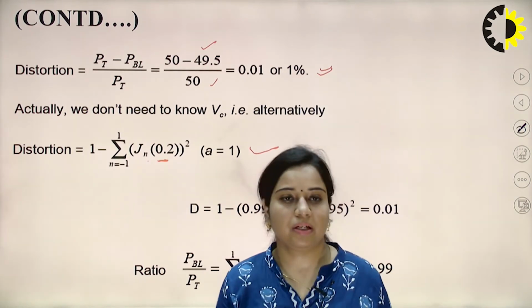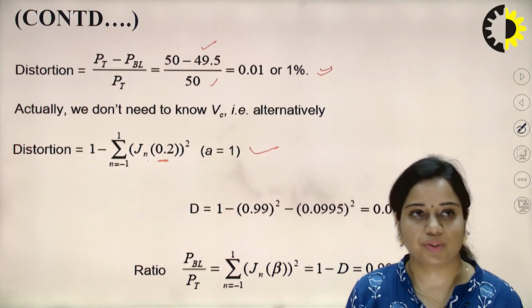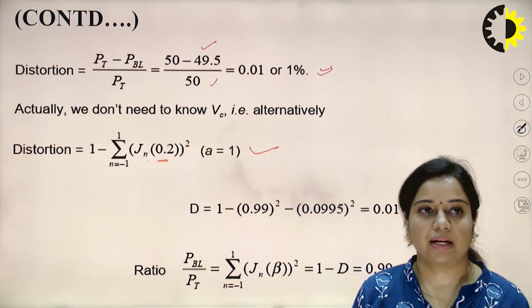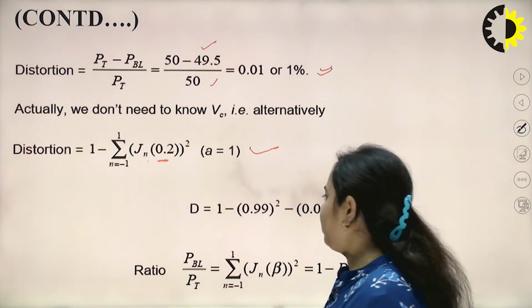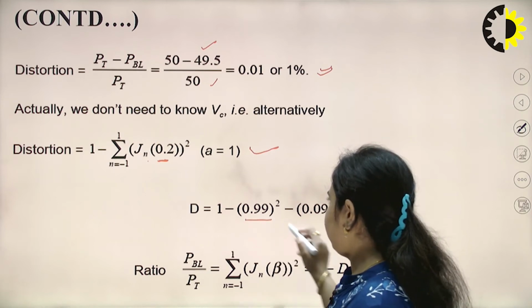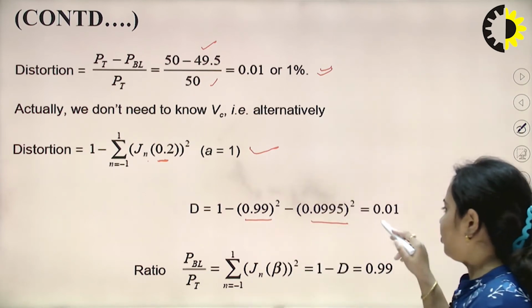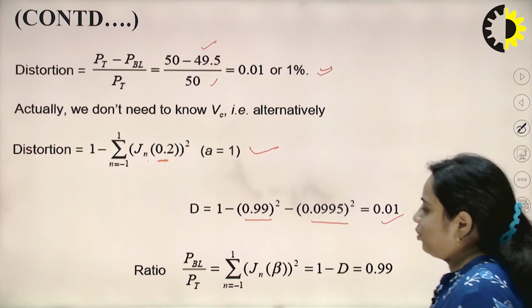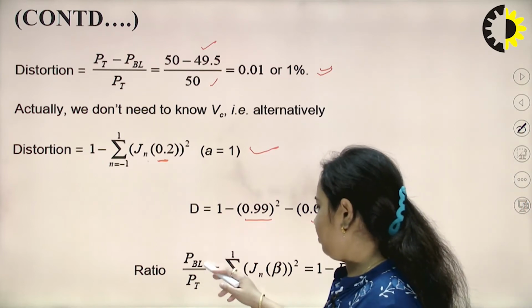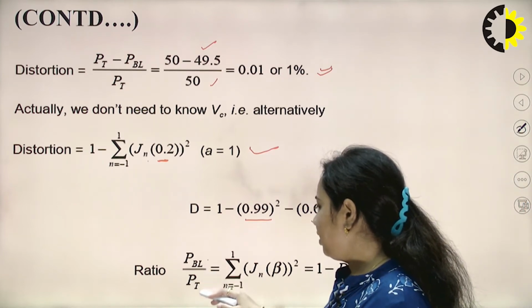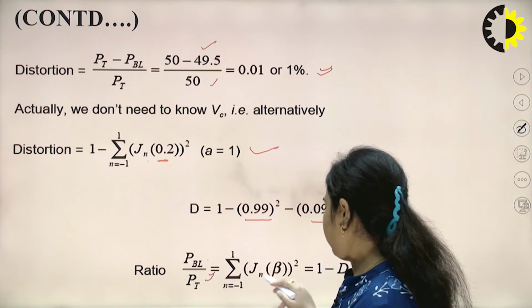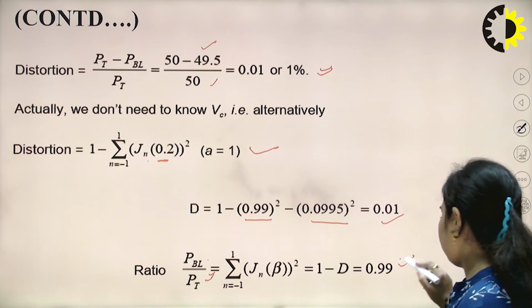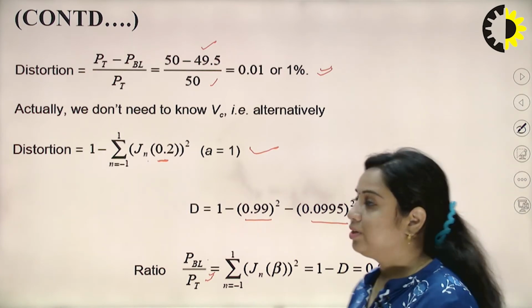So there are basically 3 values: n equal to minus 1, n equal to 0 and n equal to plus 1. Now D will be equal to this value, which is 0.01. So the ratio will be equal to power in BL divided by total power, which is the summation for n from minus 1 to 1 of Jn(beta) whole square. So this will be the final value, that is 0.99.